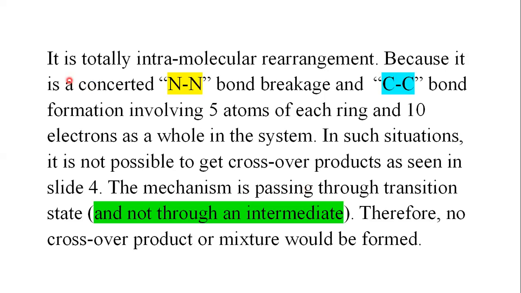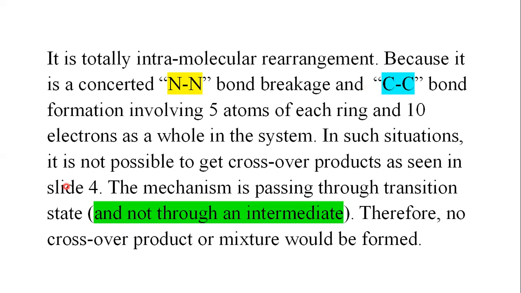So this rearrangement is totally an intramolecular rearrangement because it is a concerted N-N bond breakage and C-C bond formation involving 5 atoms of each ring and 10 electrons as a whole in the system.